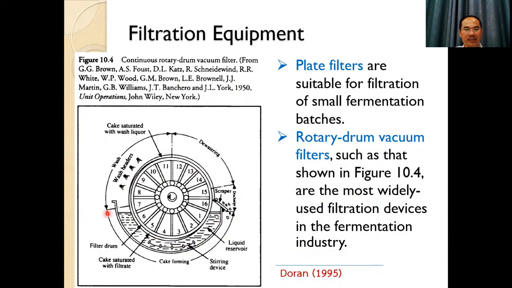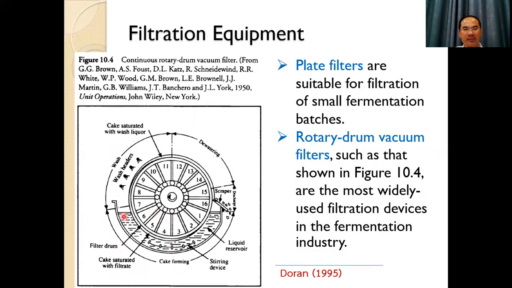And this is the reservoir. This is the fluid from which we would like to separate the solid. If we make this a vacuum, the liquid goes through the filter.